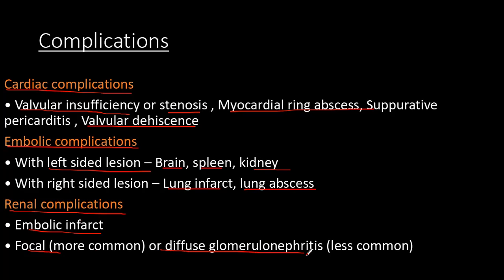It will present with hematuria, blood in urine, albuminuria, and renal failure. Due to the myocardial ring abscess, there might be an arrhythmia due to extension to the underlying myocardium and conduction system.